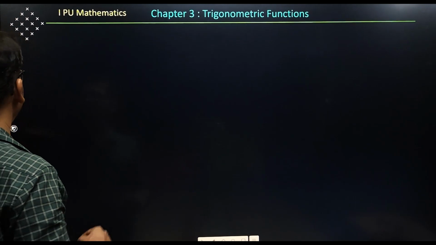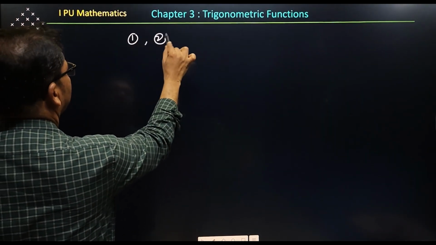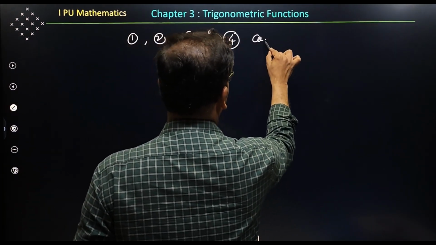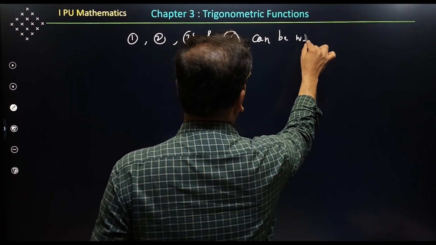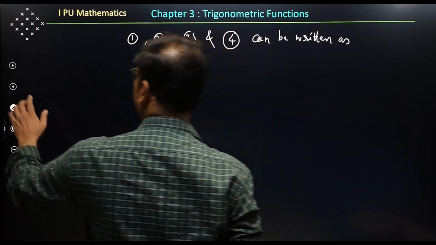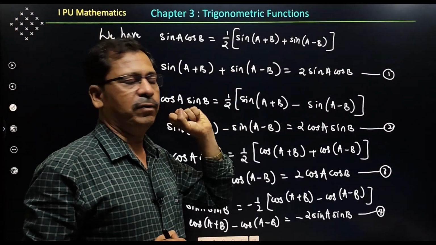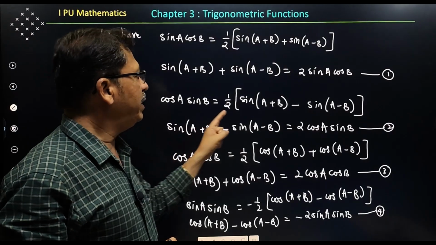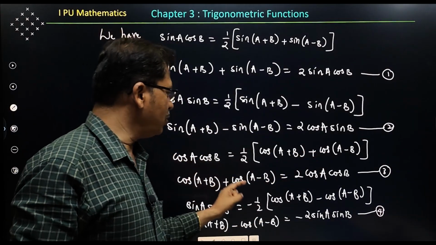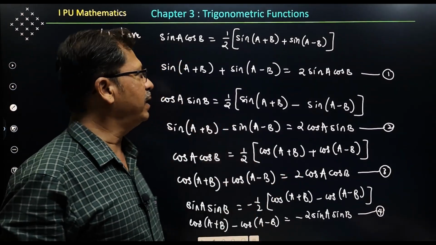So with these changes, equations 1, 2, 3 and 4 can be written as, concentrate here carefully, sin C plus sin D, sin C minus sin D, cos C plus cos D, cos C minus cos D. Four results you are getting.